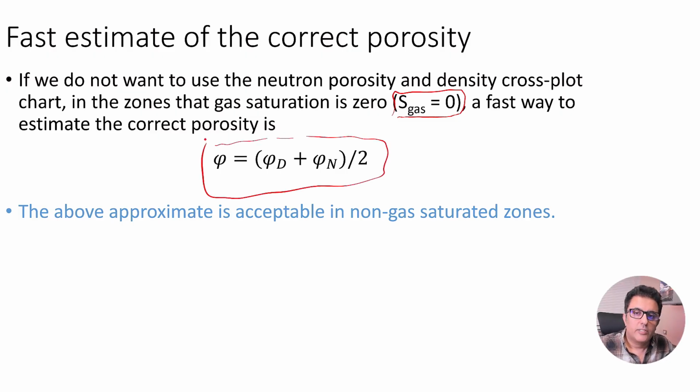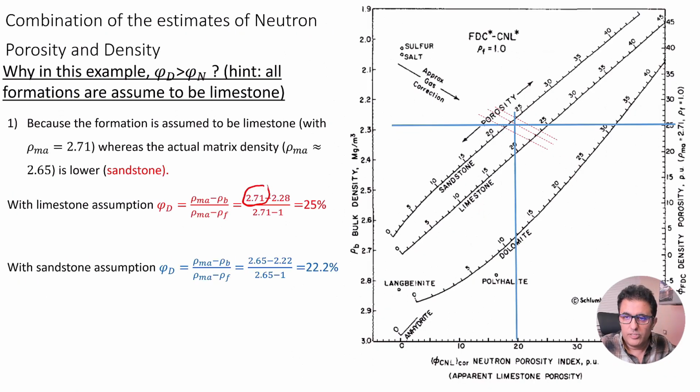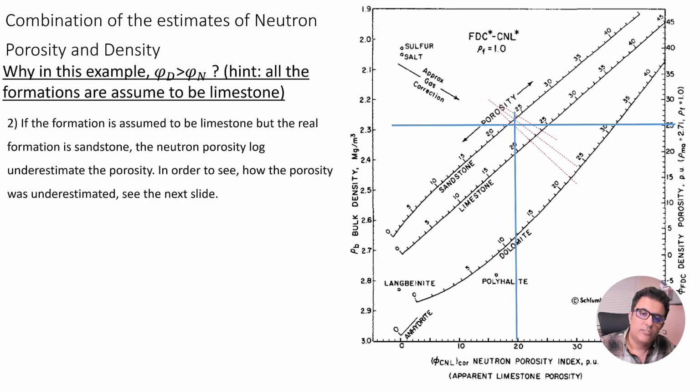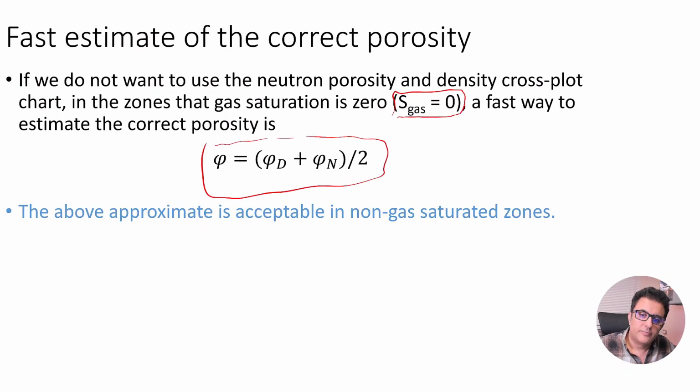Okay, so you may refer to this chart if you have it, because it helps you to have some idea about lithology. But if you don't have this chart, just calculate the average of the two porosities, and again, it's going to give you a very good estimate of the actual porosity.